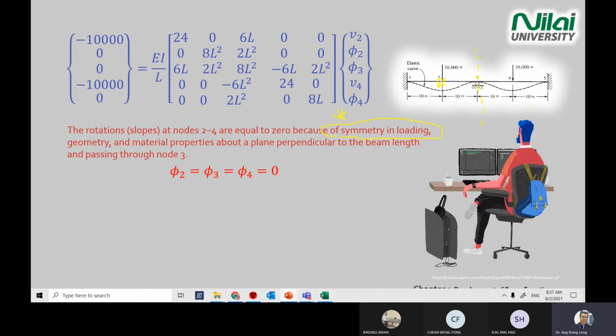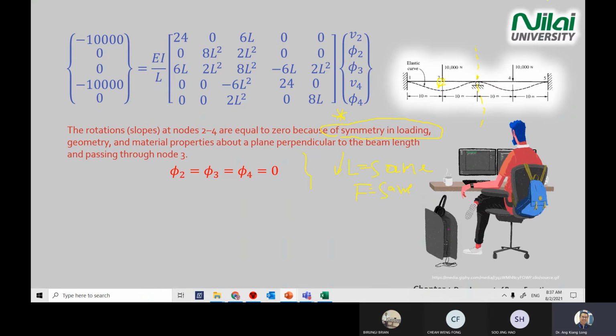Same with element 2, element 3, and 4. But if the length is not the same, you cannot do this. This only applies when the length is the same, the load is the same, and the load location is the same.